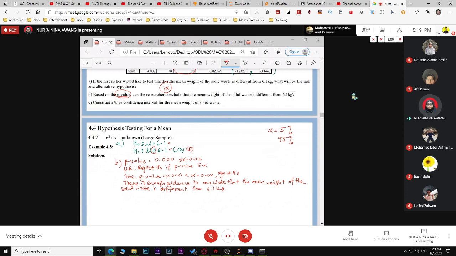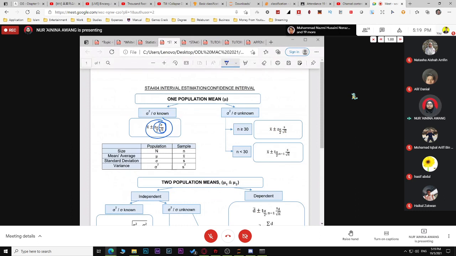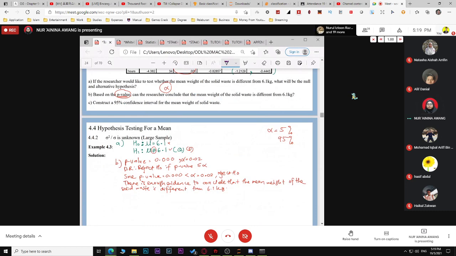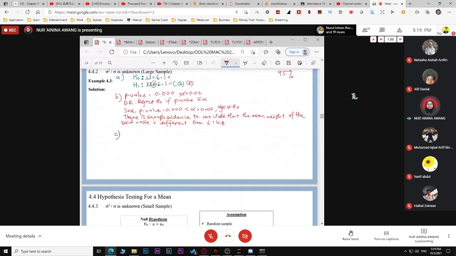And then for C, the question asks you to construct a 95% confidence interval. So now the case is this one. You have to use this formula to get your lower and upper limit. So just substitute into the formula.